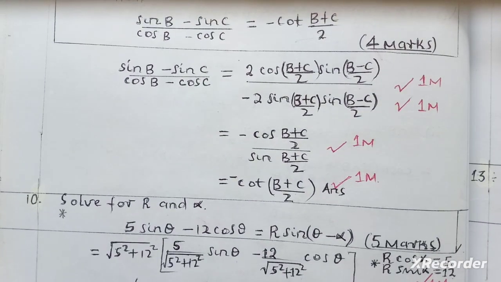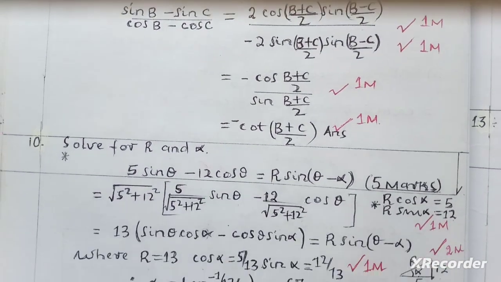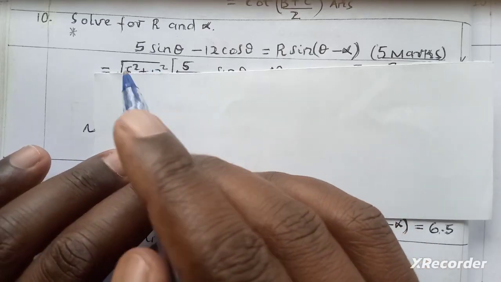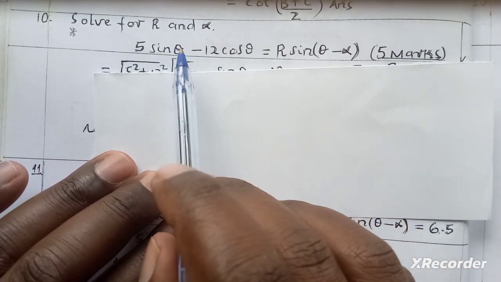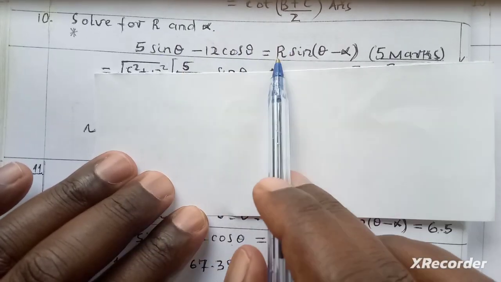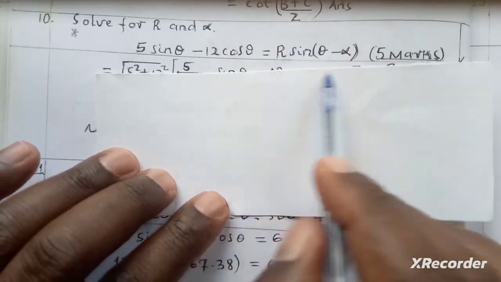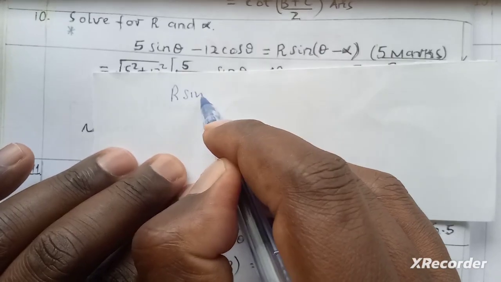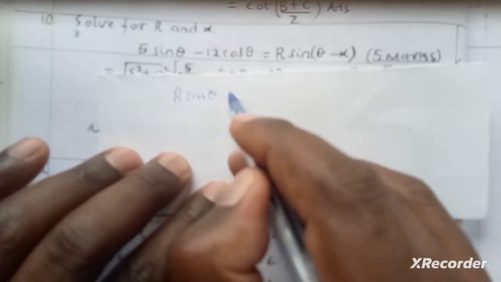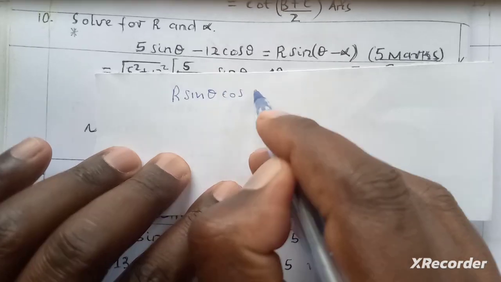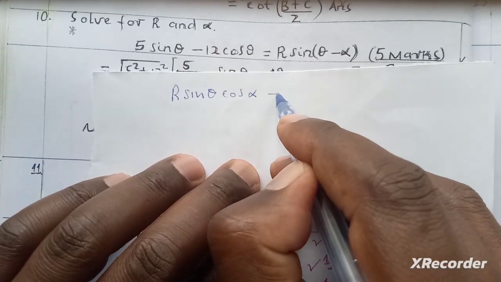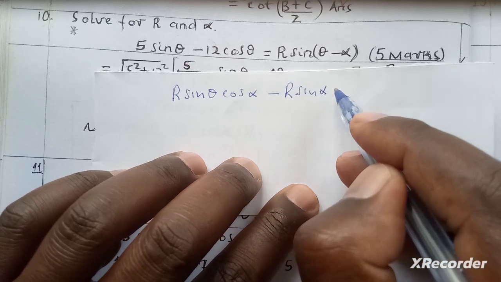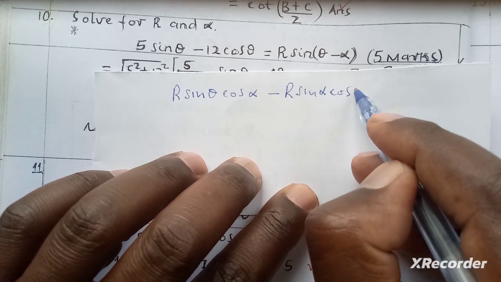For the next question, we have solve for r. So what we do, we say, here we have this equation and this. We can expand this. If we expand this, it will be r sine theta cos alpha minus r sine alpha cos theta.